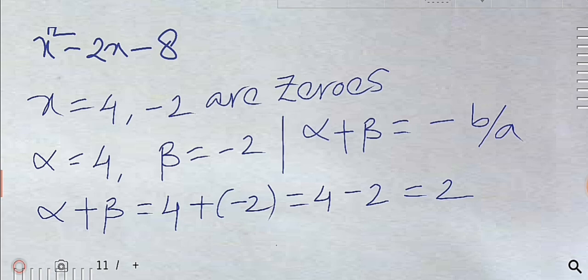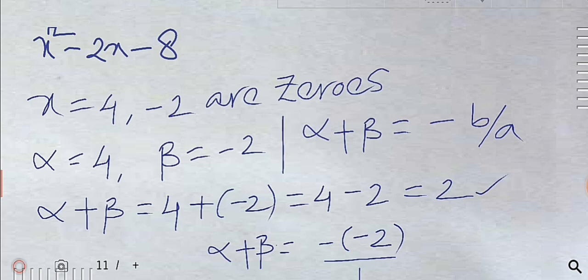Now we have to convert this 2 in terms of these coefficients. So I am writing alpha plus beta equal to minus of minus 2, and in the denominator I am writing 1. Minus into minus is plus, 2 by 1 is 2. The same 2 I am writing in another way.